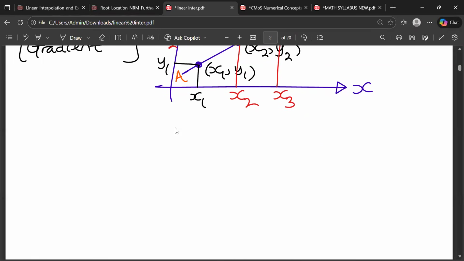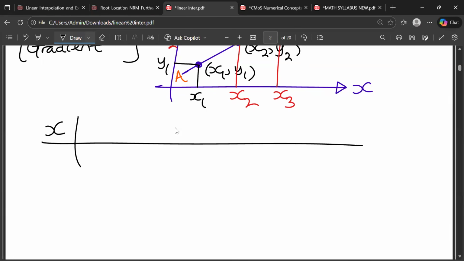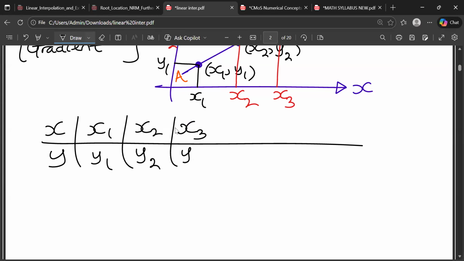what they call linear interpolation and extrapolation. So before we even proceed, you all know that before we plot these values, we are always having a table, for the values of x and values of y. As you can see, x1, y1, x2, y2, x3, y3.